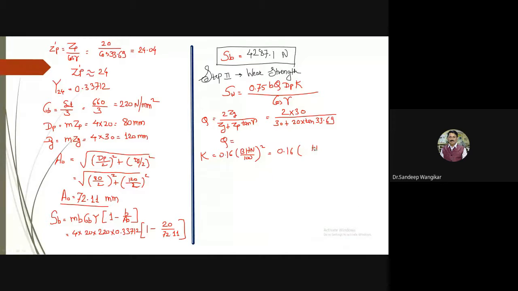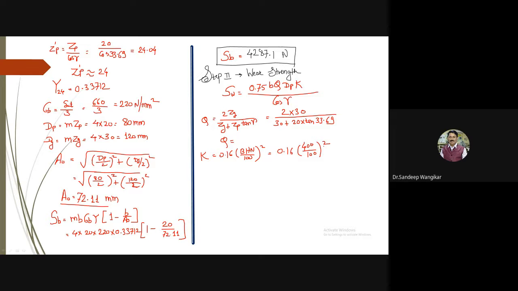Tell me the value for Q. Q value 1.38. Any other? 2 into 30 divided by 30 plus ZP 20 tan of 33.69.